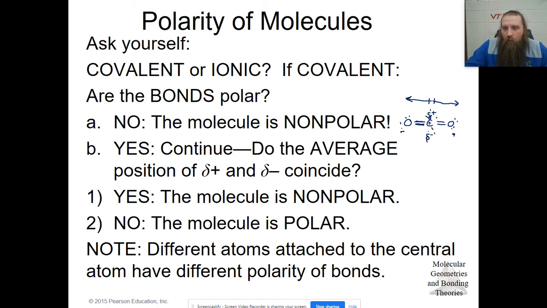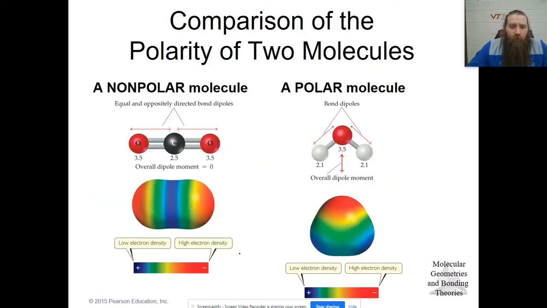They're sitting right there over the middle. So even though carbon dioxide has polar covalent bonds, it's a nonpolar molecule because the positive and the negative coincide. If the answer is no, if they don't coincide, then we know the molecule is polar. So that's something that we often look at.